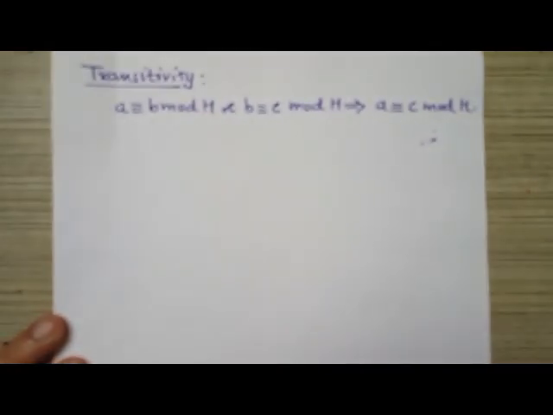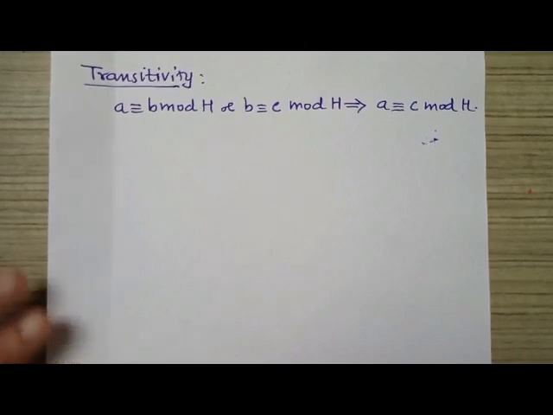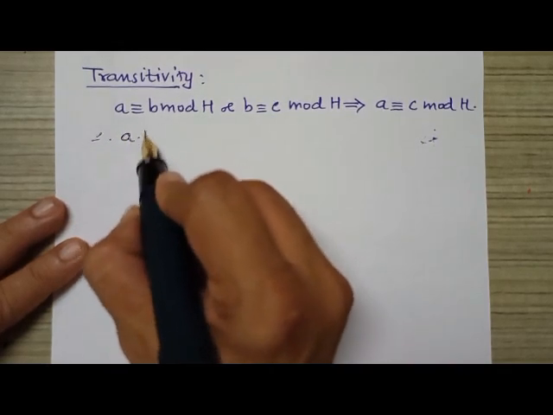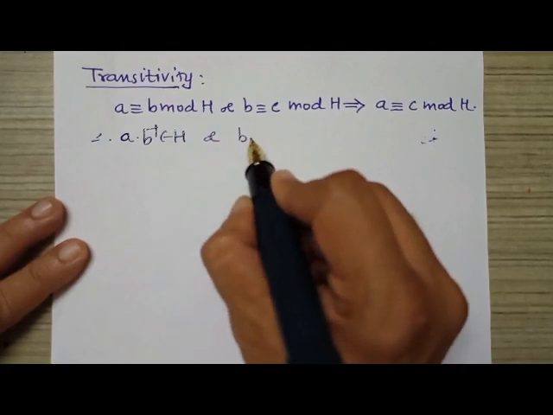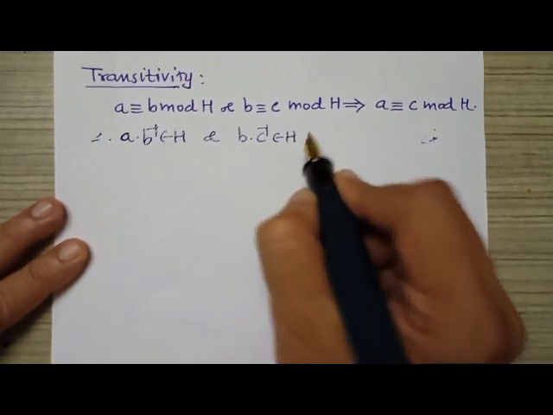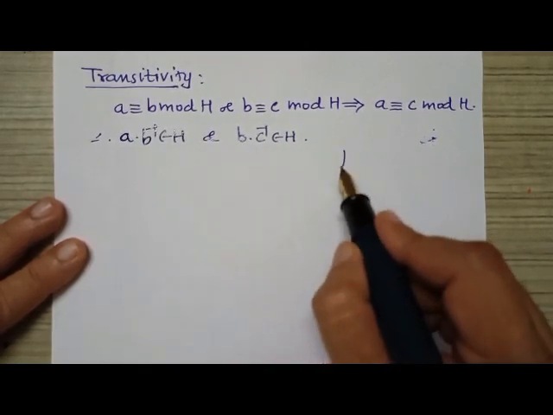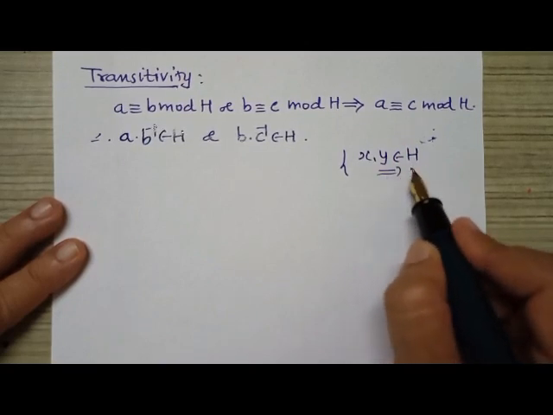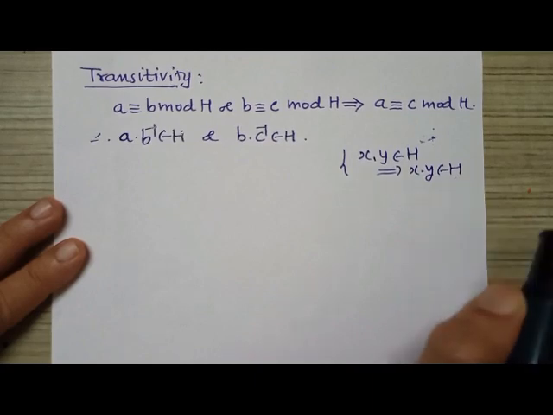So we have to assume A is congruent to B modulo H and B is congruent to C modulo H. Therefore, by definition, we have A dot B inverse belongs to H and B dot C inverse belongs to H. Now, since H is a subgroup, we know that whenever X, Y belong to H implies X dot Y belongs to H, the closure property in a subgroup.